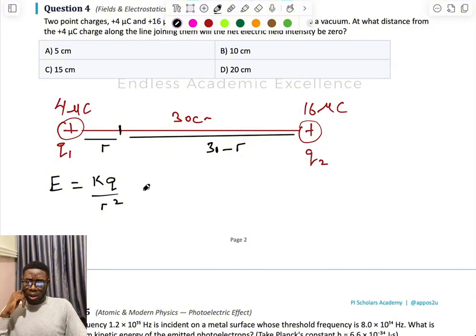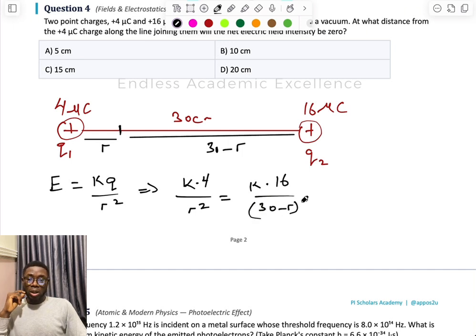So that implies that we can have K times 4 divided by R squared equal to K multiplied by 16 divided by 30 minus R squared, since that is the distance that we have here now. So K is going to cancel out, and then we have 4, we have another 4 here. So basically we have 4 over R squared equals 16 over 30 minus R squared.